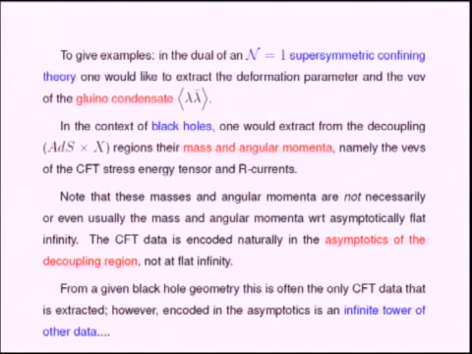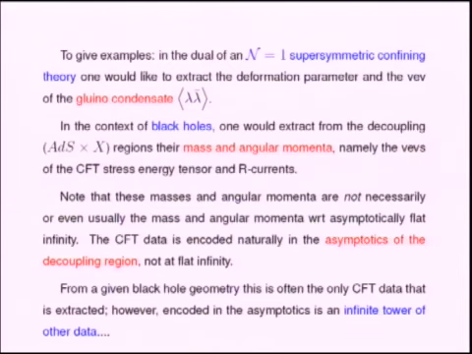On one hand, I want to talk about holographic models for QCD. On the other hand, I want to emphasize that AdS/CFT is also our best hope of really understanding black hole physics. So let's move to black hole physics. In the context of black holes, what you would like to do is the following.